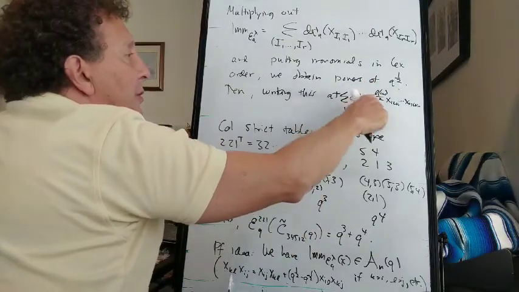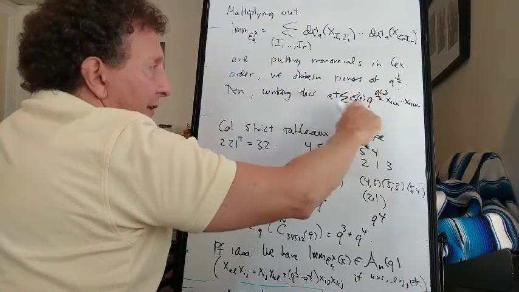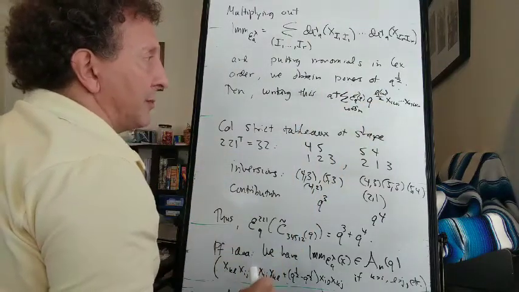So we'll get a polynomial in q times this power of root q, which is sort of on the side. So this is just integer powers of q.